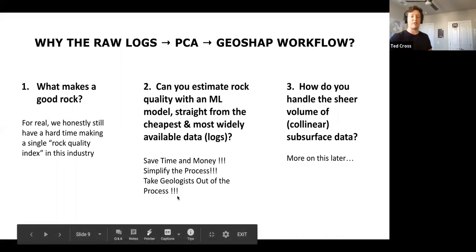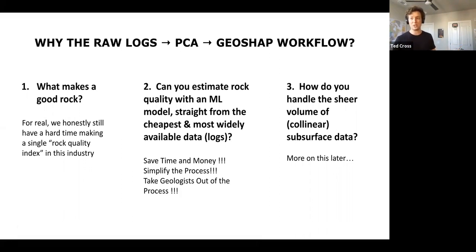For us, some of the questions that motivated this workflow, or ways we message it, are these. Number one, what makes a good rock? You saw from the very first, it's honestly very rare to see a single rock quality index map. People might say, here's my oil in place map, or a map of gridded production, but a single rock quality index is a rare thing to have.